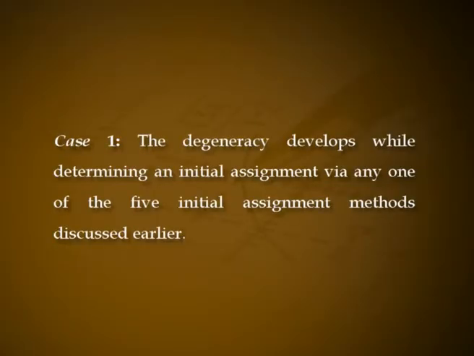Case 1. The degeneracy develops while determining an initial assignment via any one of the 5 initial assignment methods discussed earlier. To resolve degeneracy, we augment the positive variables by as many 0 valued variables as is necessary to complete the required m plus n minus 1 basic variables. These 0 valued variables are selected in such a manner that the resulting m plus n minus 1 variables constitute a basic solution.